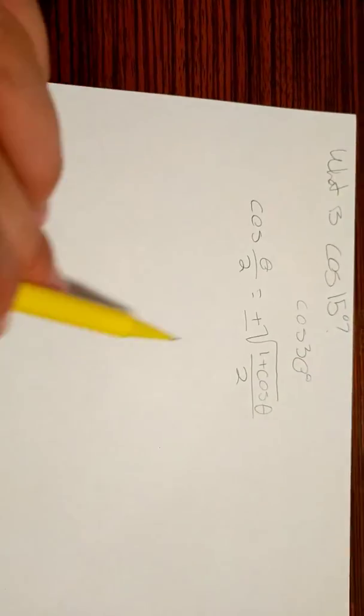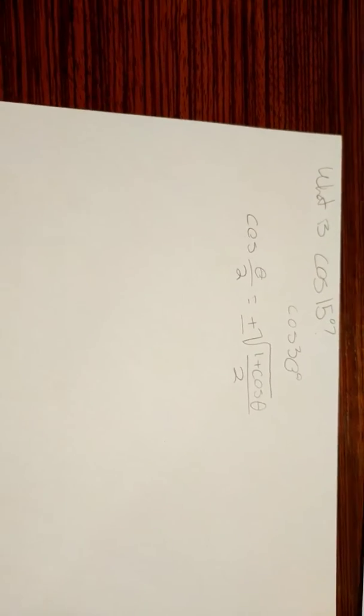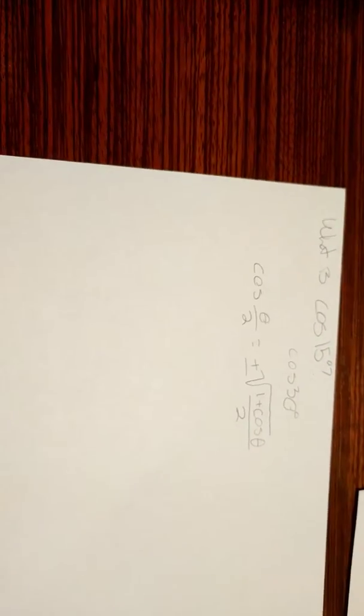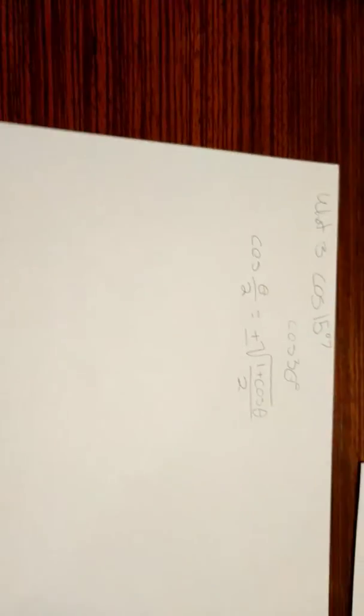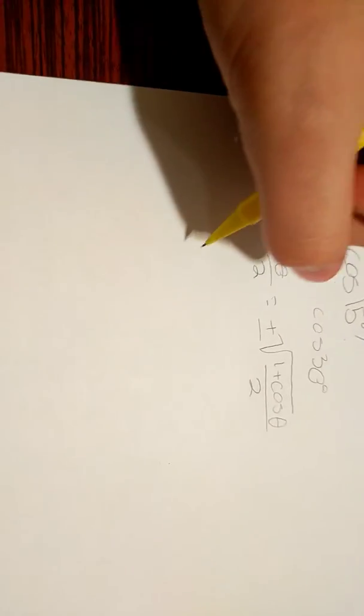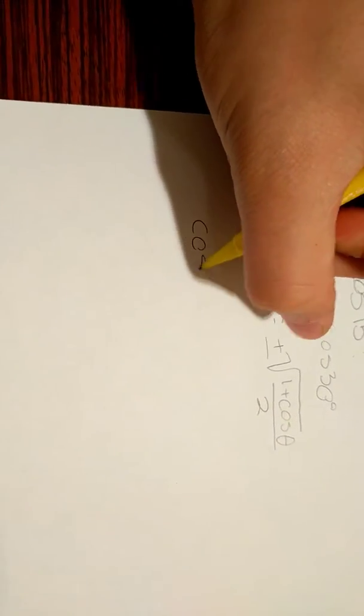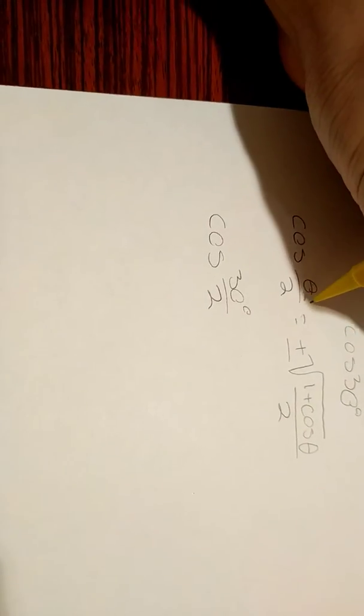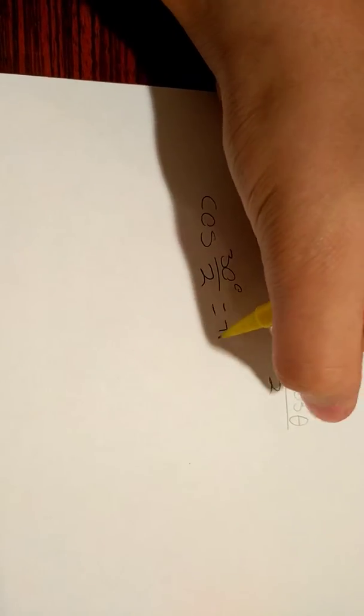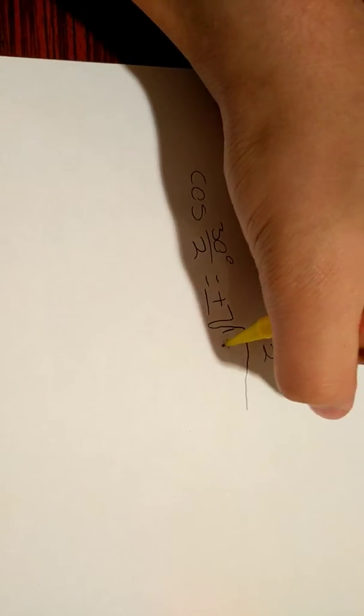It's also important to note that we're only going to be using the positive value because cosine of 15 degrees is a positive number. So plugging this in, we have cosine of 30 over 2, in degrees, equal to the plus or minus square root of 1 plus cosine of 30 degrees over 2.